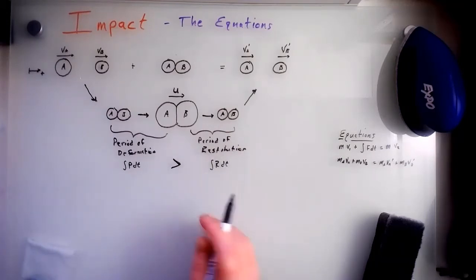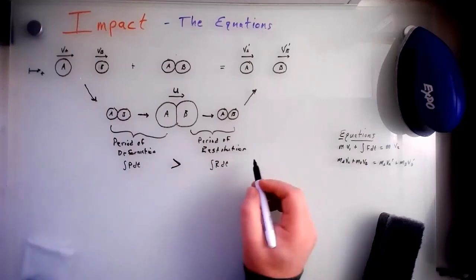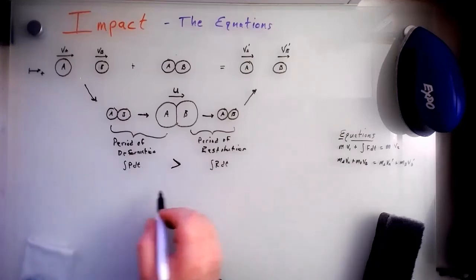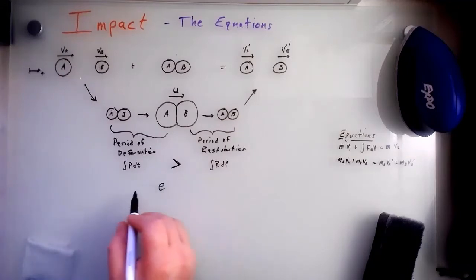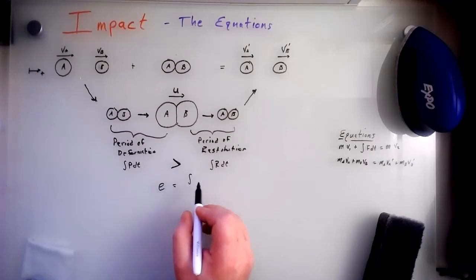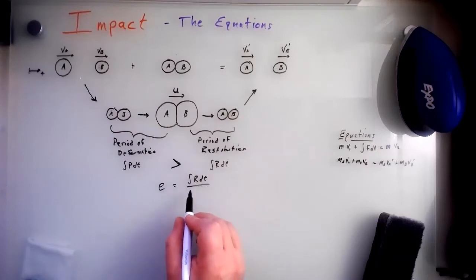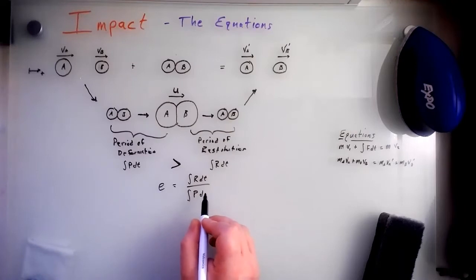And the way that we consider these is we create this coefficient of restitution, e, and e we define as the impulse during the period of restitution divided by the impulse during the period of deformation, right?